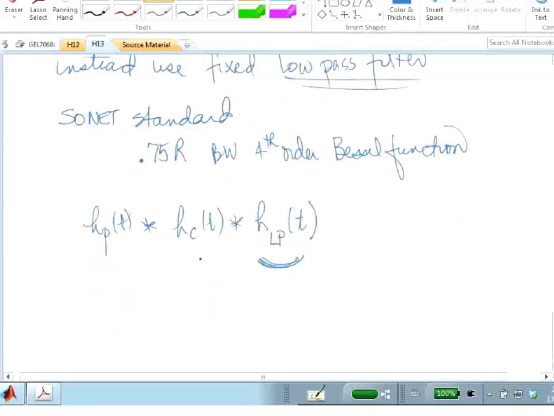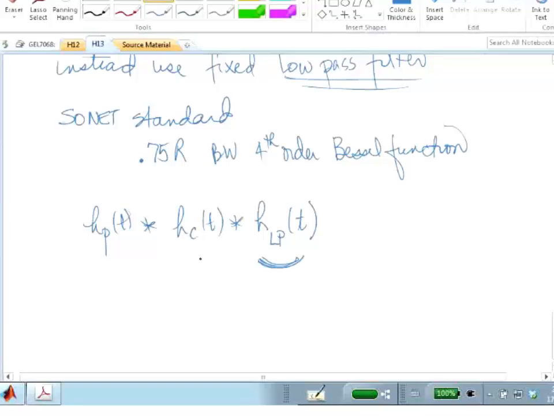If the 0.75 R worked in systems which were maybe WDM multiplexed but very, very widely spaced, where the signal width was much smaller than the width of the optical bandwidth, then this rule of thumb that became the standard for Sonet would be fine.